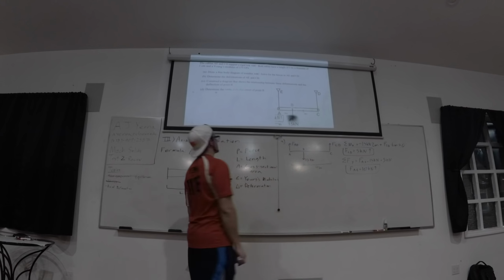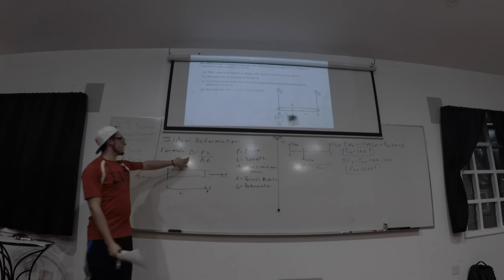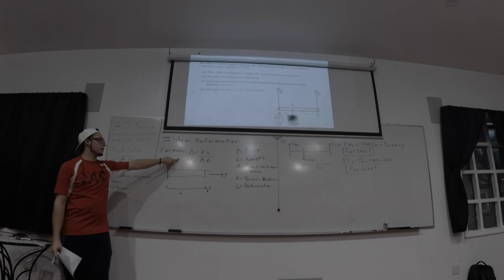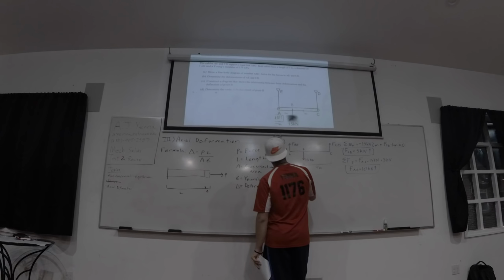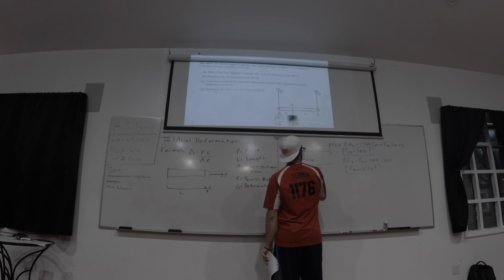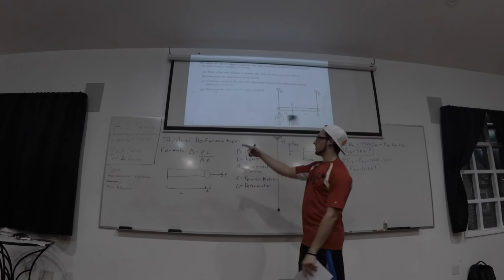Part B, determine the deformations in AE and CD. So now we're getting into the equation for deformation. Deformation in AE is PL divided by AE.